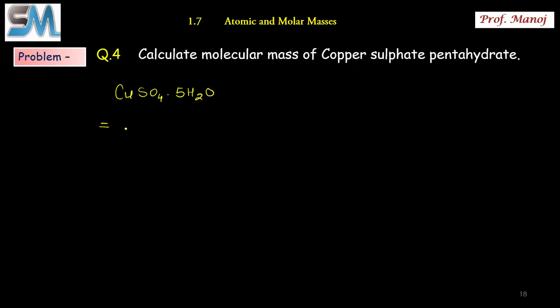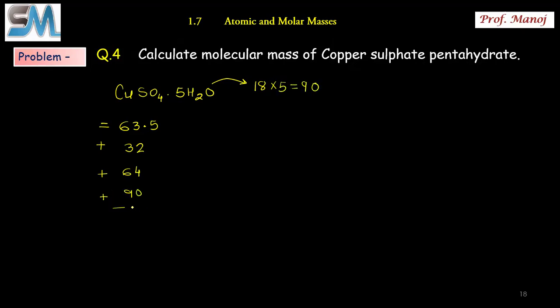So let us begin. Copper is 63.5 plus sulfur is going to be 32. Oxygen is going to be 16 into 4. That's 64. Plus water's individual mass is 18, H2O. Multiply by 5 is 90.